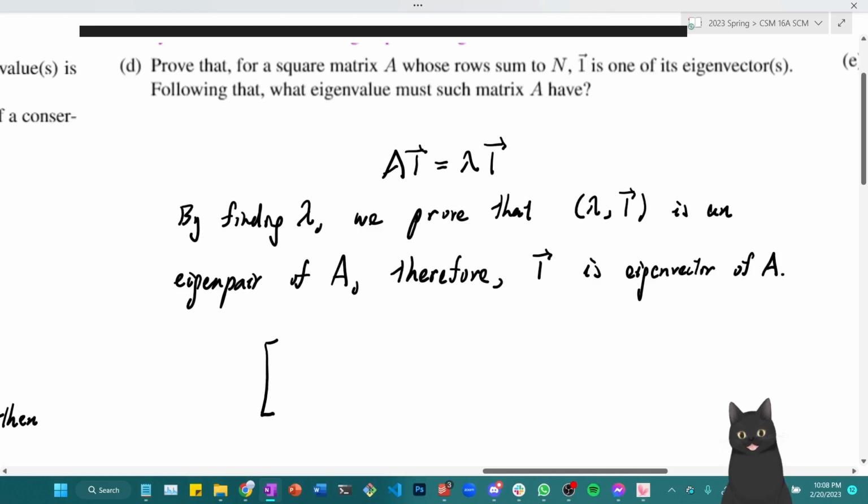Once again, I'm going to write out everything in component form, so it's easier for people to see what's going on.